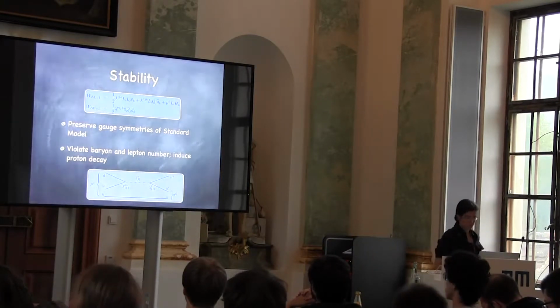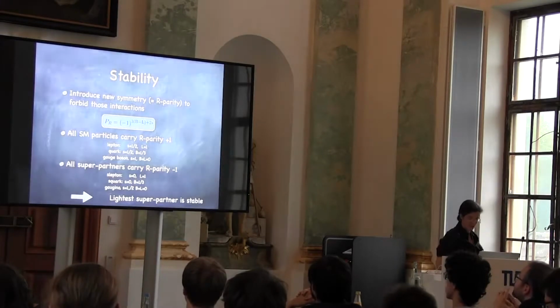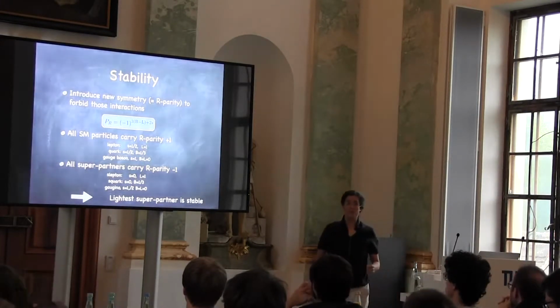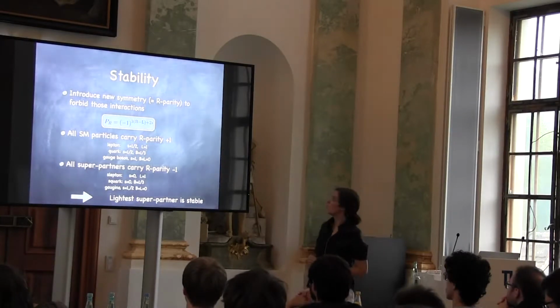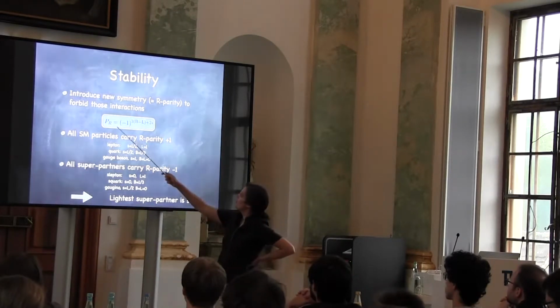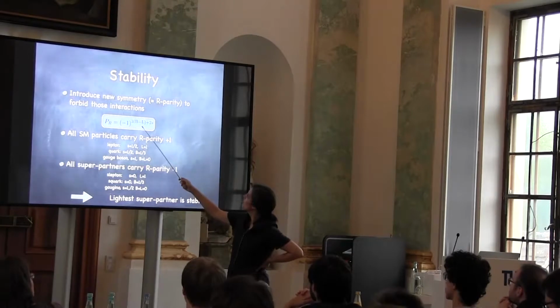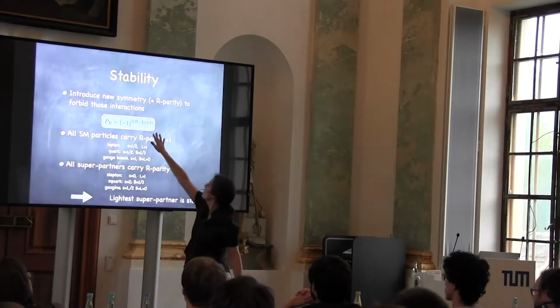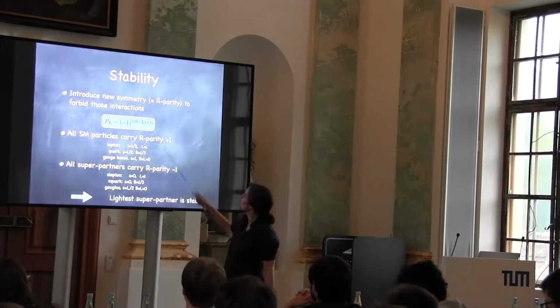So what people do, as they always do when something looks unnaturally small, is introduce a new symmetry to forbid those interactions. That symmetry is called R parity. R parity is defined by putting in a combination of baryon and lepton number and then the spin of the particle.